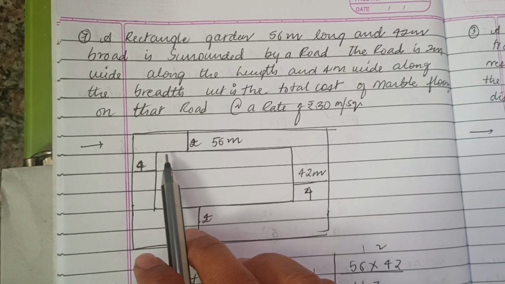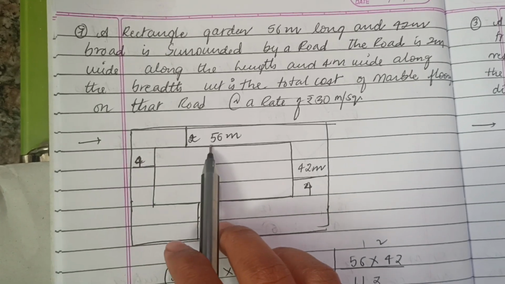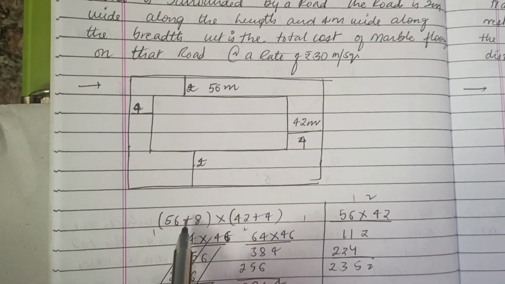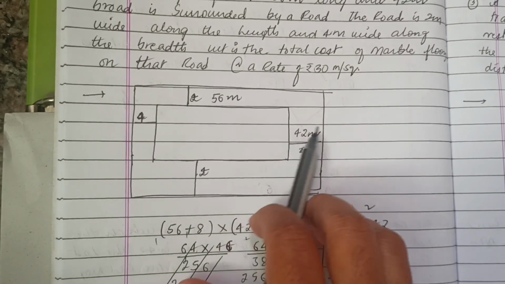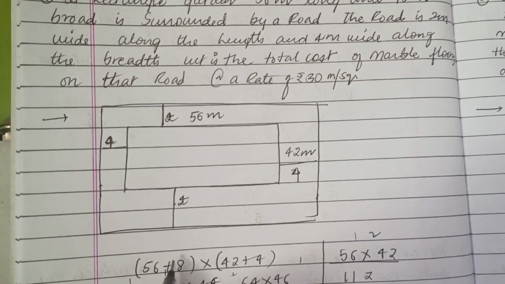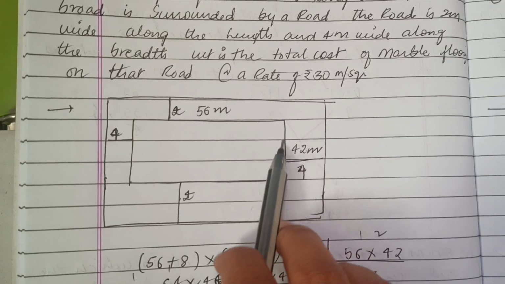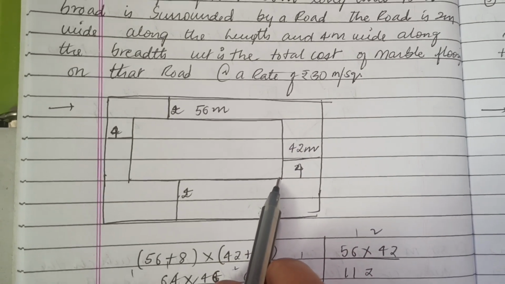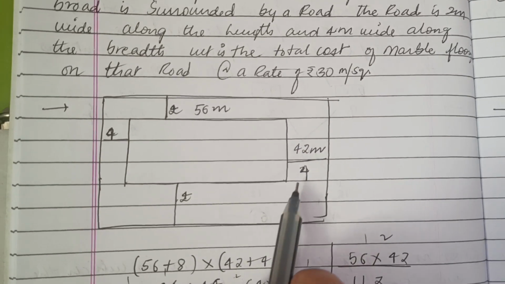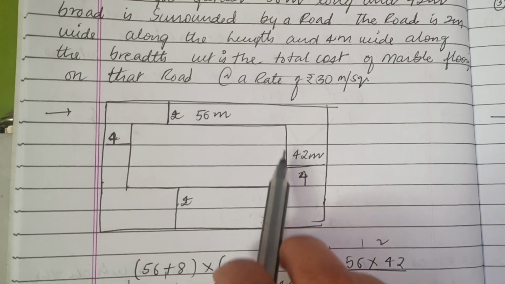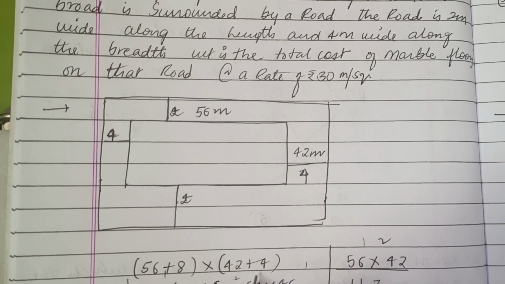After adding the road's width, it increases by 56 plus 8, since 4 plus 4 is 8. And the breadth of the rectangle, which was 42, if I add 2 here and 2 here, becomes plus 4.